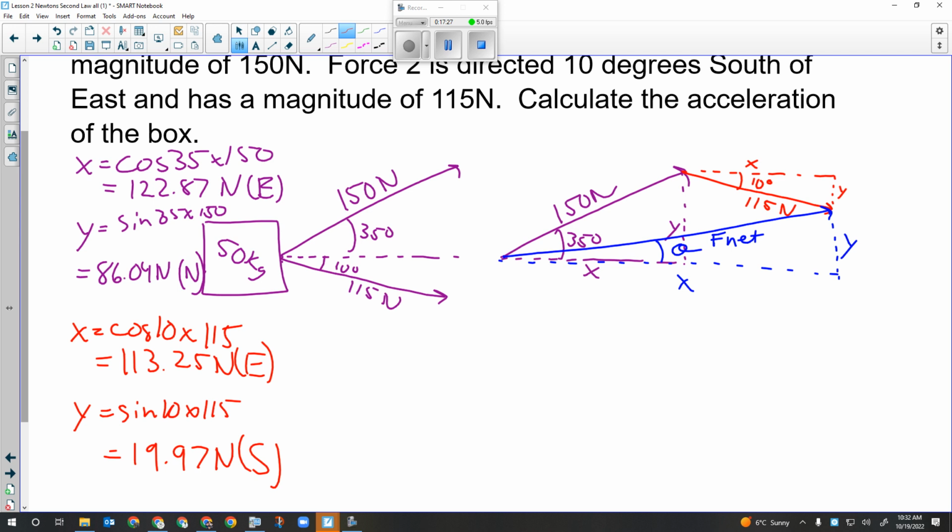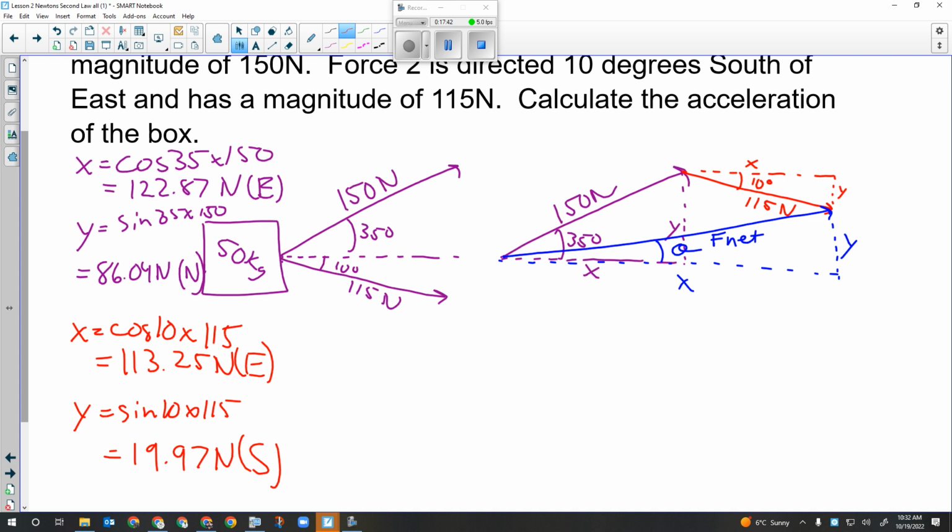Alright, now I've got all my x's and all my y's. What do I do with them? Your two x's together are going to make blue x, and then you subtract your red y from your purple y to find blue y.